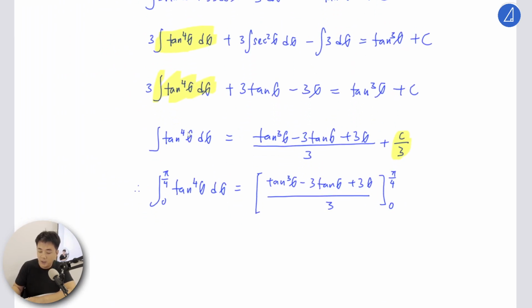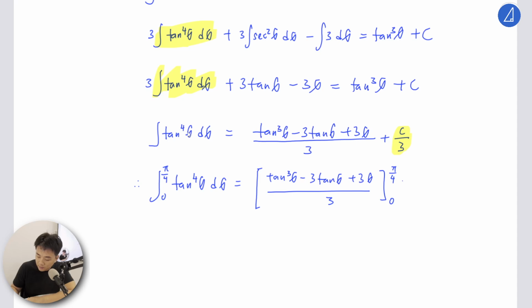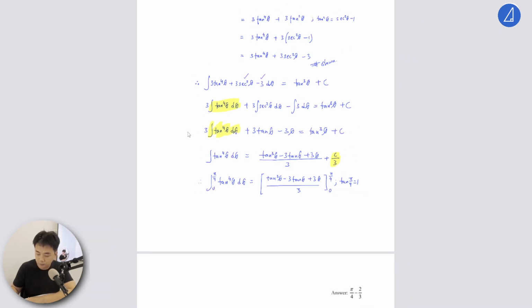So we just put pi over 4. Understand this. Tangent 45 degrees, tangent pi over 4 is obviously 1.